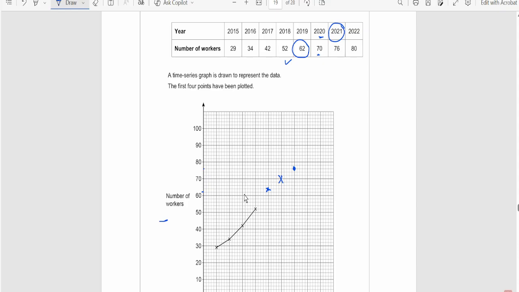If you draw a line, they will meet here, right? So this is my next point. For 2022, it's 80. 80 is this and this is 2022, right? So just join these points and that's how you will get a graph, right?